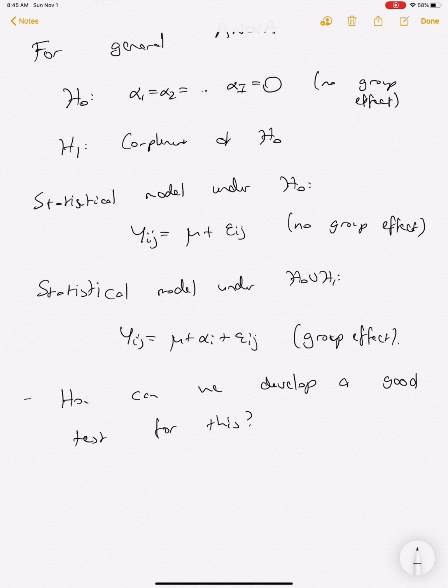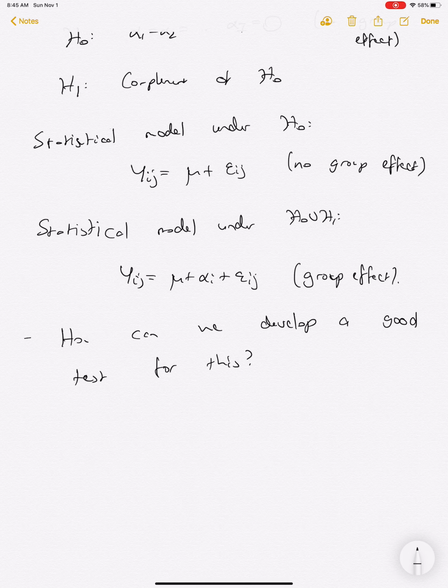So we're going to develop a general testing framework, which very much exploits the normal distribution and properties of the chi-squared and the F and so on.